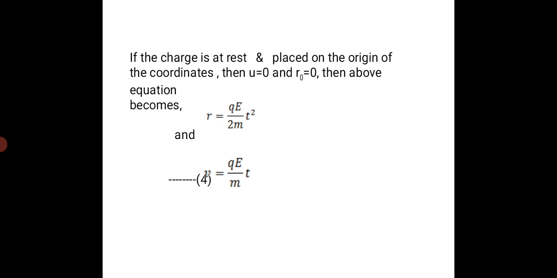If the charge is at rest and placed on the origin of the coordinates, then u, that is initial velocity, is equal to 0, and r0 is equal to 0, then the above equation becomes r equal to QE by 2m into t square and v equal to QE by m into t, equation 4.